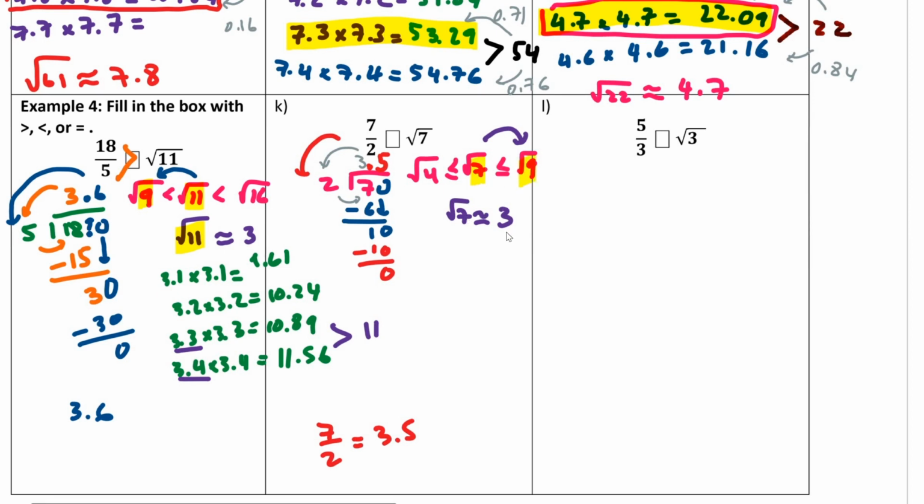So the actual answer is less than 3. But 7 divided by 2 is 3.5. It's already bigger than 3. So we don't have to go further here. We can know that 7 over 2 is bigger than square root of 7. Okay, square root of 7 rounds to 3. But 7 over 2 is already 3.5. Alright, we're heading to the next problem.